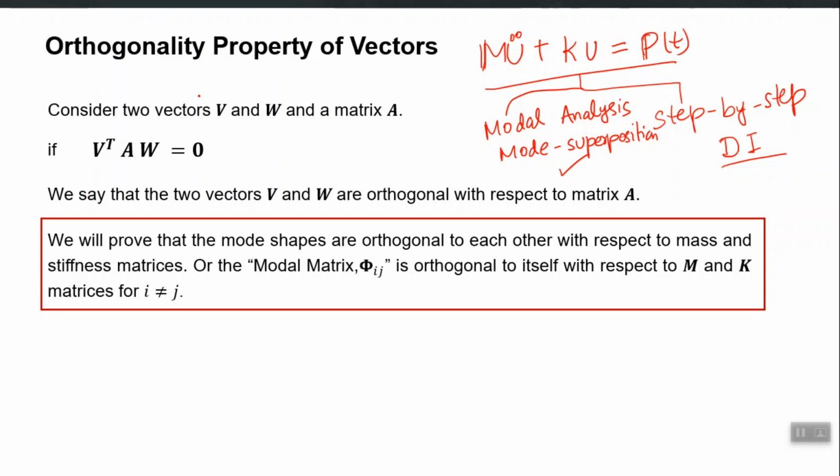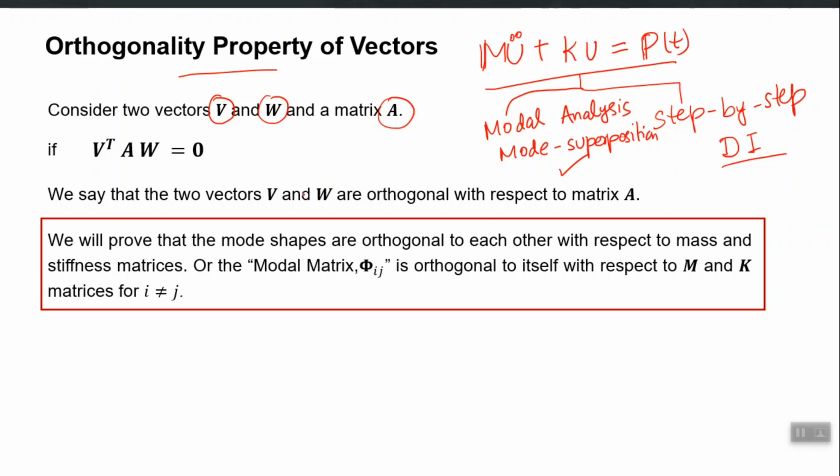The orthogonality property says that if you have two vectors, let's say V and W, and some matrix capital A, such that V transpose times A times W is a null vector, then we will say that V and W are orthogonal with respect to matrix A, right?